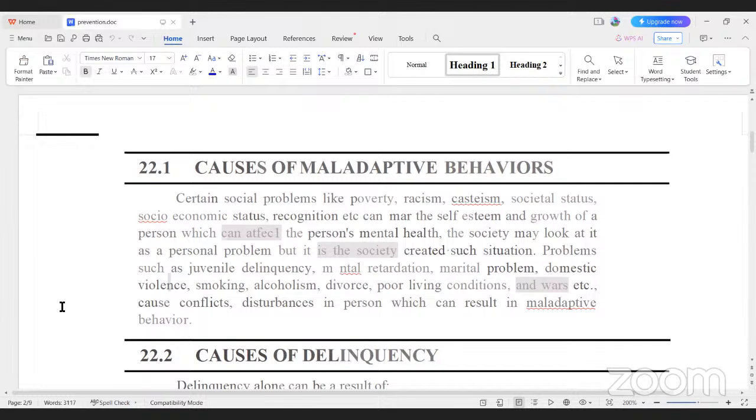Problems such as juvenile delinquency. So juvenile delinquency is another aspect. Mental retardation and marital problems, domestic violence, smoking, alcoholism, divorce, poor living conditions and wars. All these things will create some type of mental health issues.